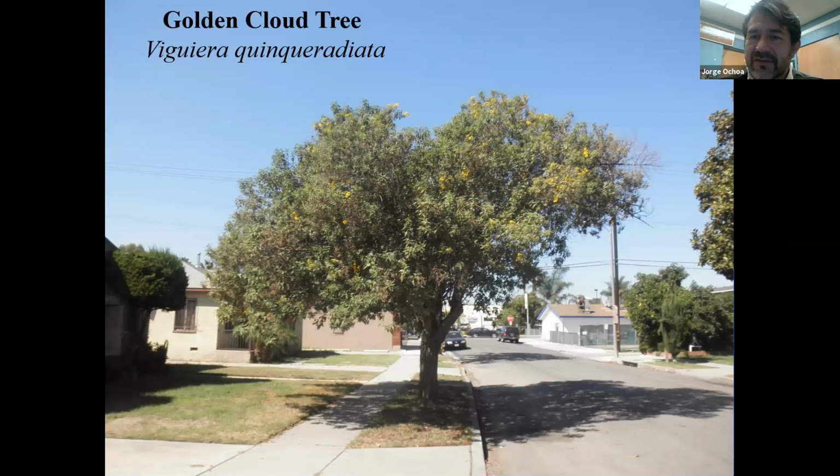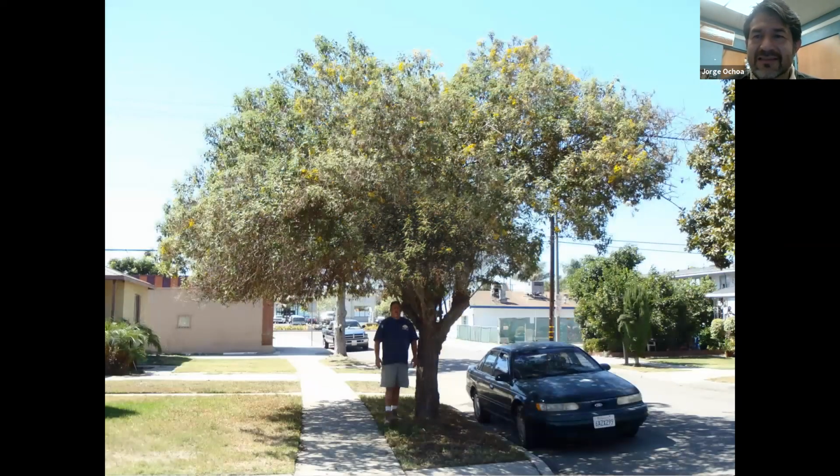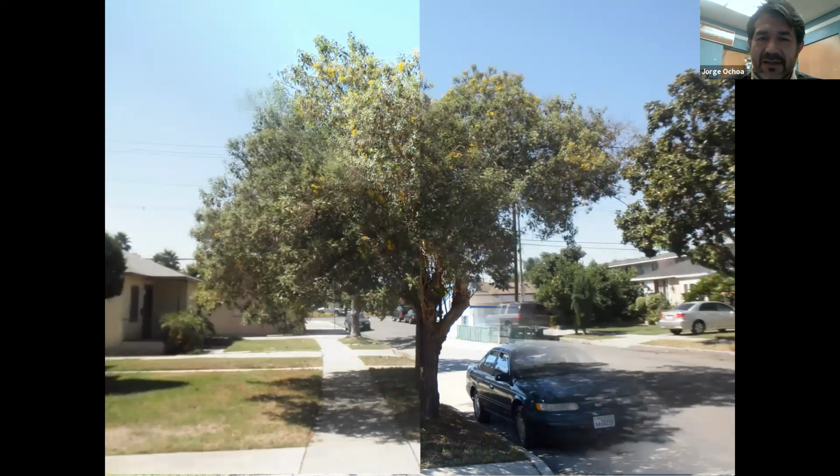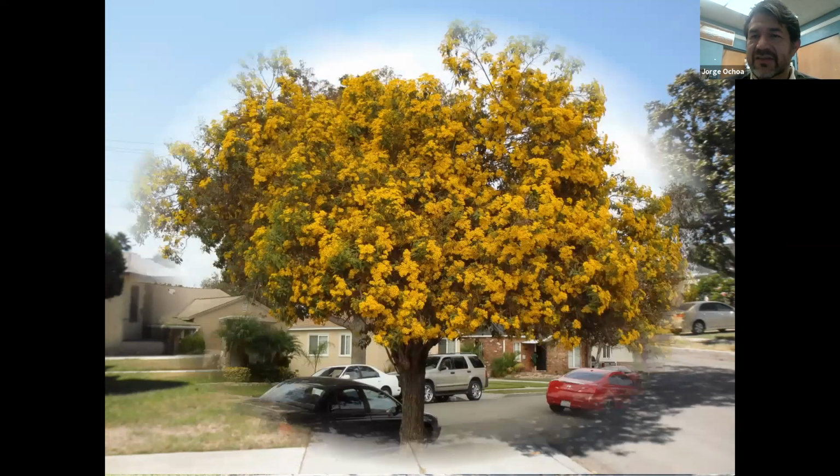Or what I like to refer to as a golden cloud tree. So, the genus Viguiera. There's only one tree to my knowledge here in Long Beach. It's on Long Beach, almost at the Lamo, past the Lamo. I think it's Artesia. So here's the tree in the summer with just a few flowers, when I took the photograph, and here's a tree in the fall.